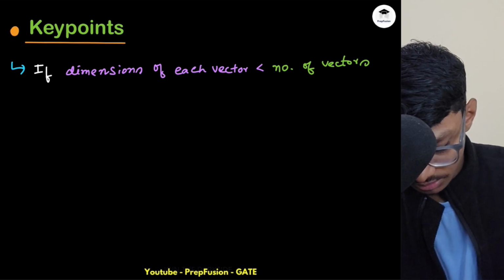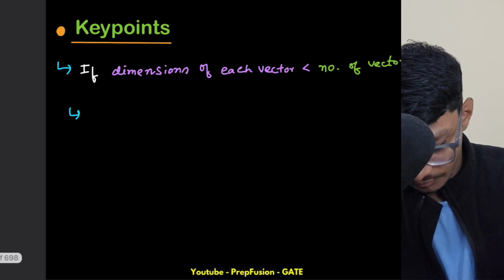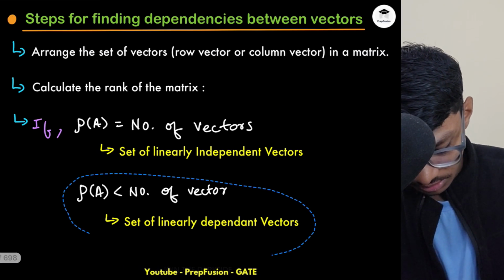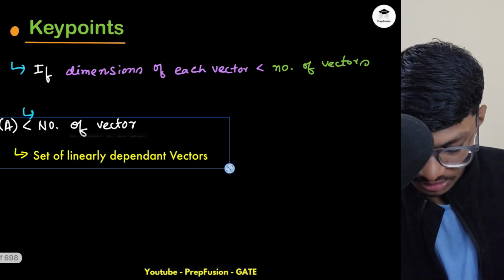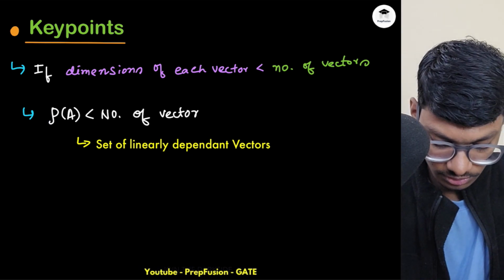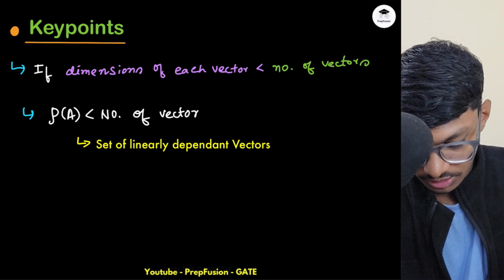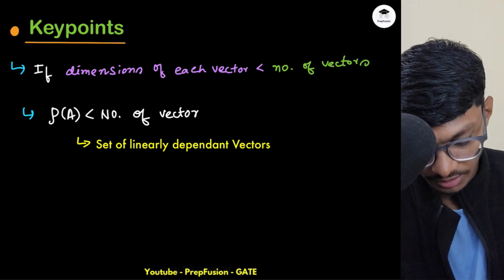Then basically my rank of A will always be less than the number of vectors, right? Rank of A will always be less than the number of vectors, because obviously rank of A is the minimum of the order. So it will always be a set of linearly dependent vectors.